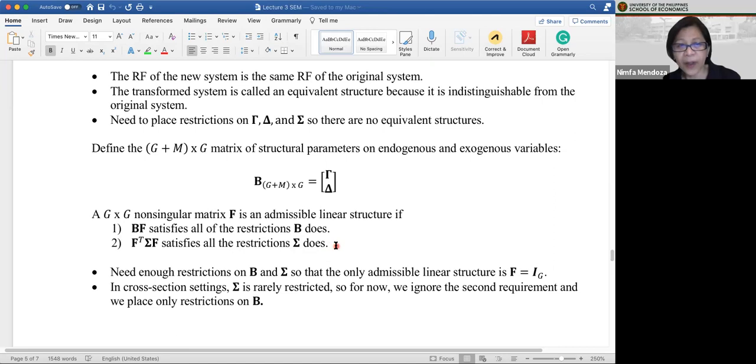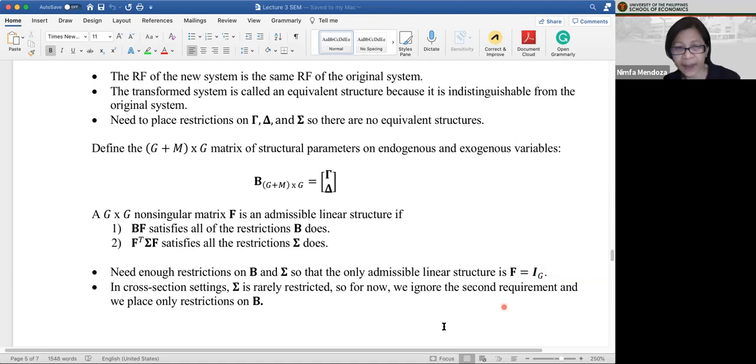Okay. So we need to have enough restrictions on B and sigma so that the only admissible linear structure is F equal to the G by G identity matrix.